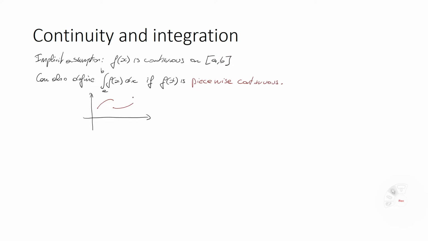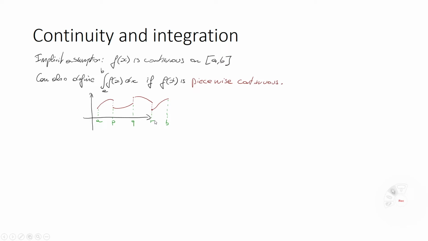So like this, it's mostly continuous, but once in a while it makes a jump. Let's call the endpoints A and B, and let's call the points where it makes a jump P, Q, and R.